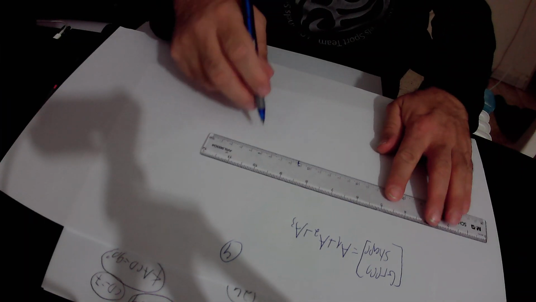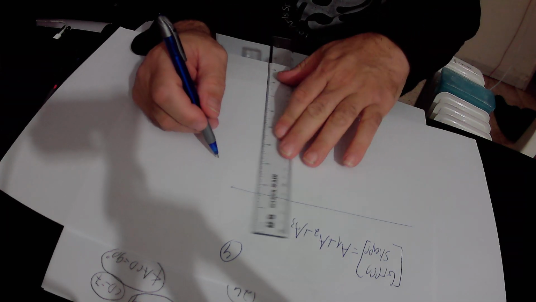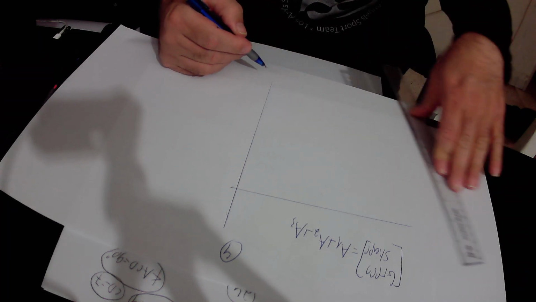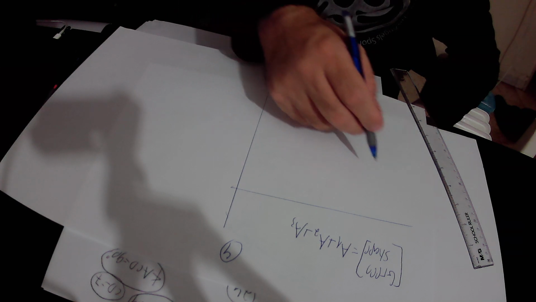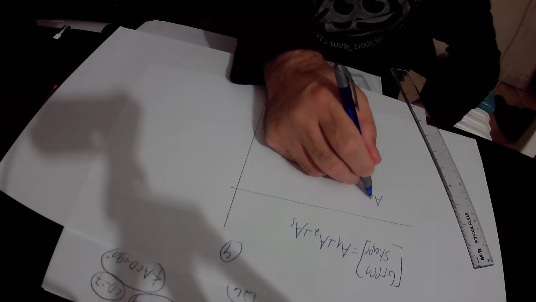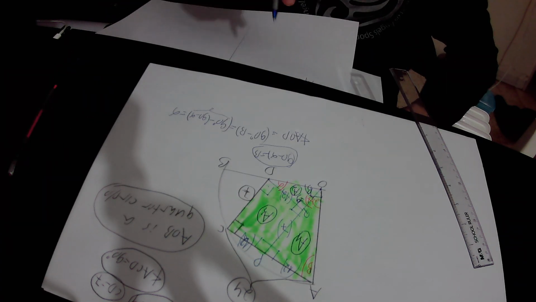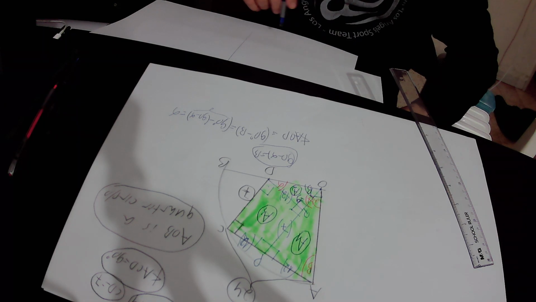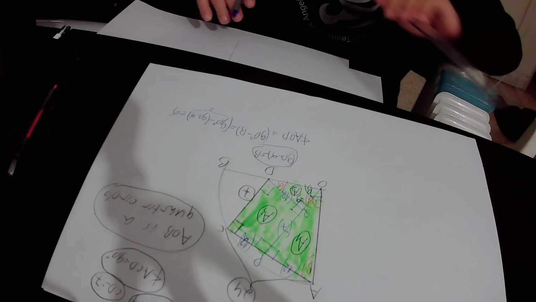In the next step, we'll find out the area of each part, and then we'll add the 3 areas together, and this will be in total the area of the green shape. That is the area that we are looking for. So again, A1 is the area of the right triangle APO. So I'll copy the right triangle APO in this new page, and we find out the area of this right triangle APO.